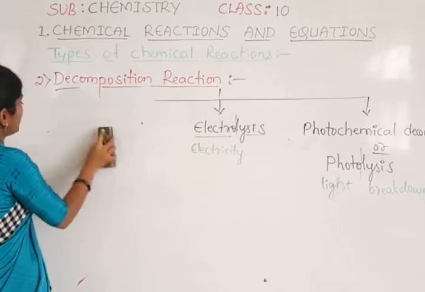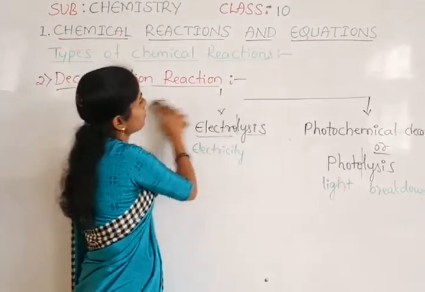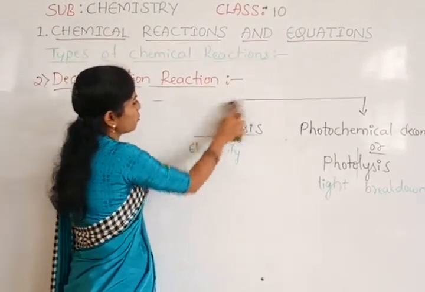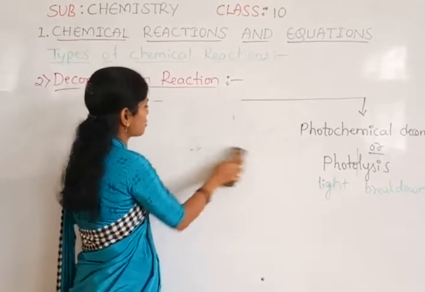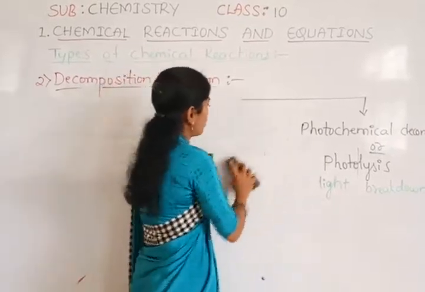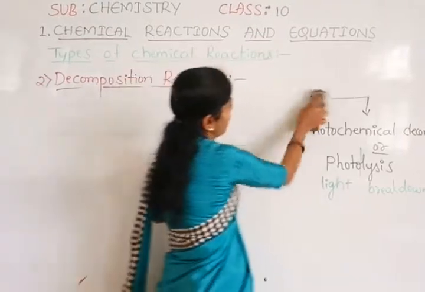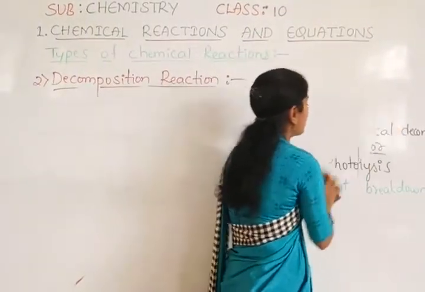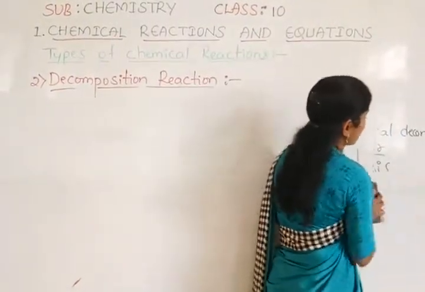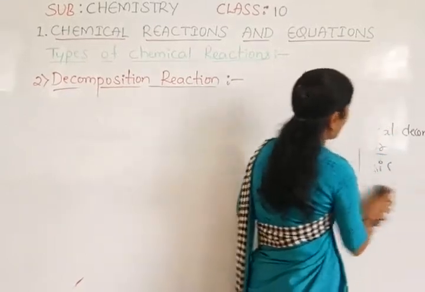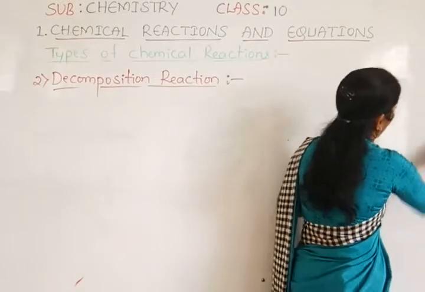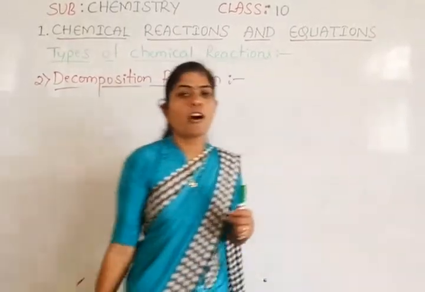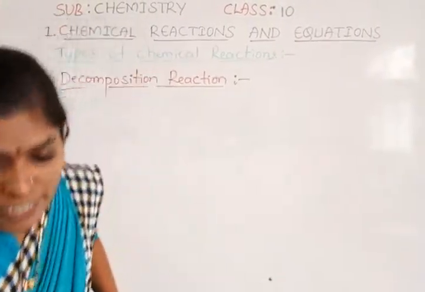You know that we extract metals from their ores. Ores occur naturally in nature. Most of the time, whenever we extract metals, they are not in pure form. They always occur in the form of oxides or chlorides.